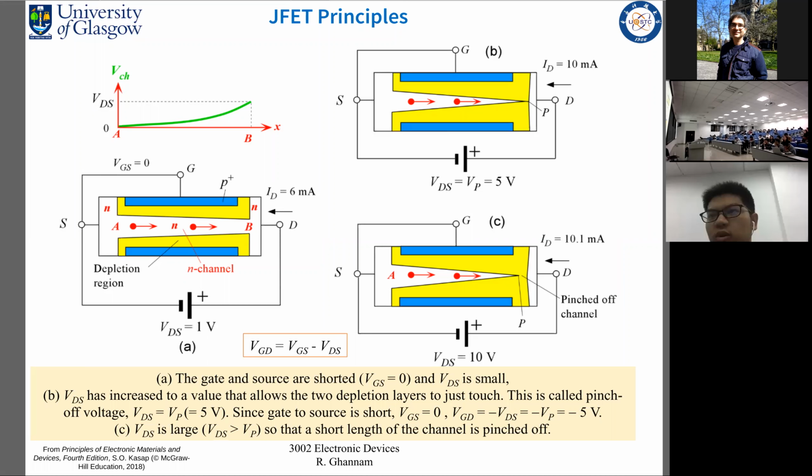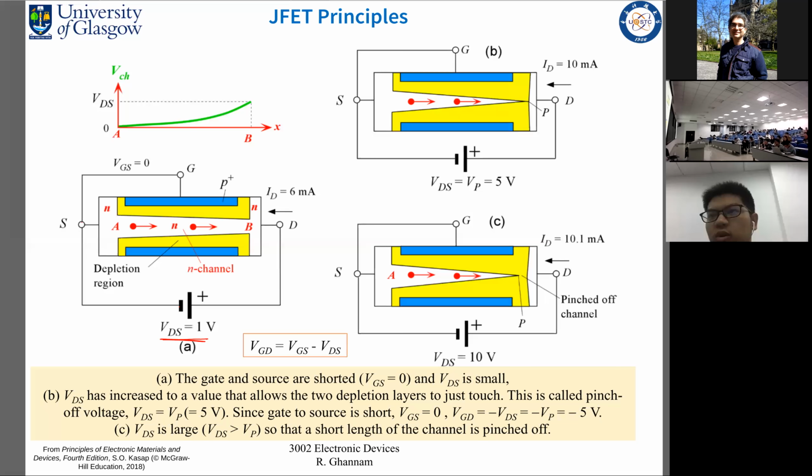There's no voltage applied between the gate and the source, but we start to increase the potential between the drain and the source. We are connecting our device so that the positive terminal of this battery is connected to the drain, and the negative terminal is connected to the source.